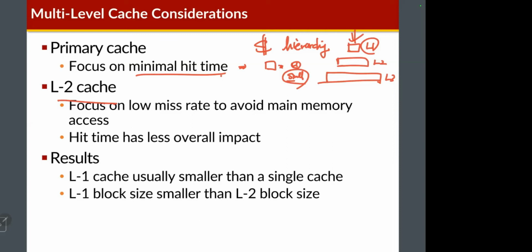So the memory accesses are filtered by L1, and then L2 is accessed by the missed requests in L1.